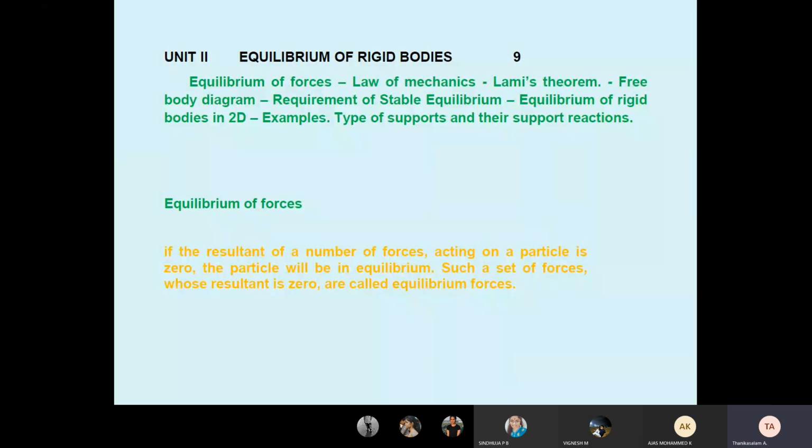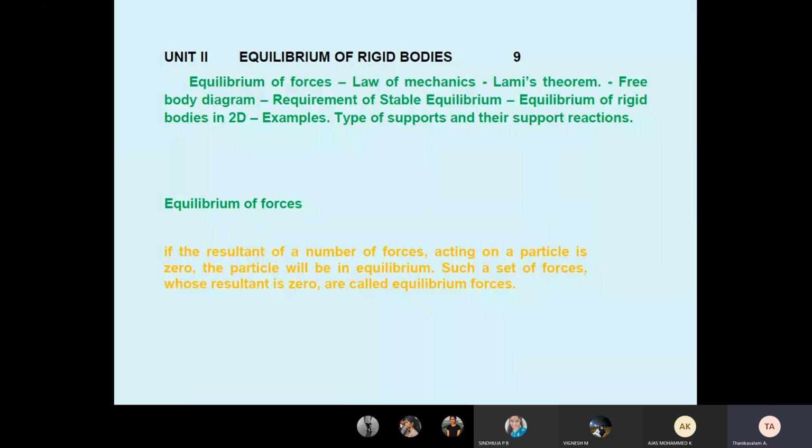Already we discussed equilibrium forces. Once again, we recollect. If the resultant of a number of forces acting on a particle is 0, the particle will be in equilibrium. Such a set of forces whose resultant is 0 are called equilibrium forces.